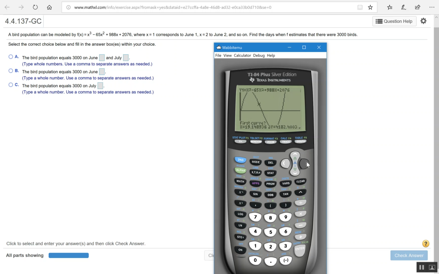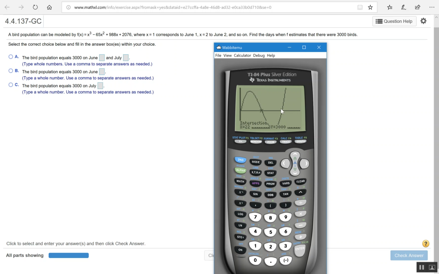Once I'm on the curve above the intersection point, I press enter, and you see how it moved onto the line, so I press enter again and then enter again. Now it tells me the second intersection point, which happens when x is 22 and y is 3000. So on June 22nd, the population of birds is 3000 again.